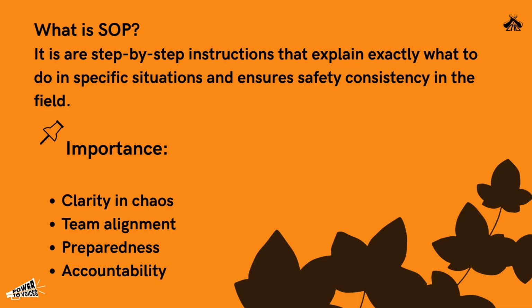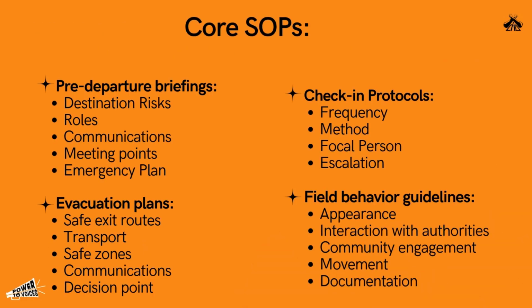Now let's take a closer look at the core SOPs that every human rights defender or organization should have. The first one is the pre-departure briefing. Before heading into the field or starting any mission, make sure everyone understands the risks at the destination, their specific roles, how they will communicate, where to meet if separated, and what the emergency plans look like.